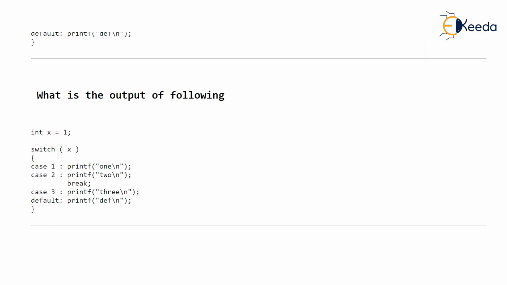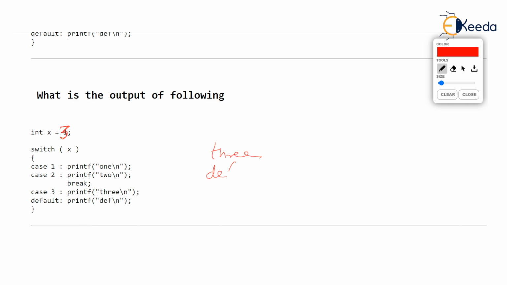Check it thoroughly again. What if I initialize x as 3? Now how is this going to run? What is the output? Okay, I'll take a pause. What is the output? Yes, the output is 3 and def. You are correct. Let's see how, with x as 3. Switch x will check whether x is 1, case 1.